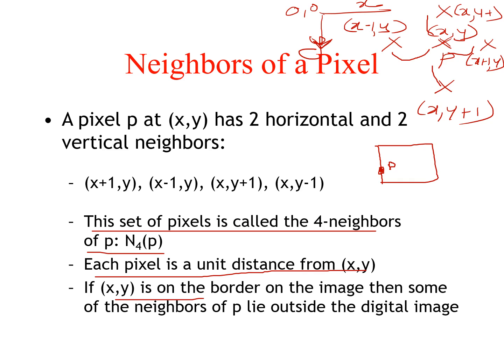Why am I saying minimum one neighbor? If you take this corner pixel, how many neighbors will be outside? One and two, right? And two will be on the image. But if I take the pixel here, then you will have one pixel inside, and the second, third, and fourth will be outside. So minimum one pixel will not be in the image.